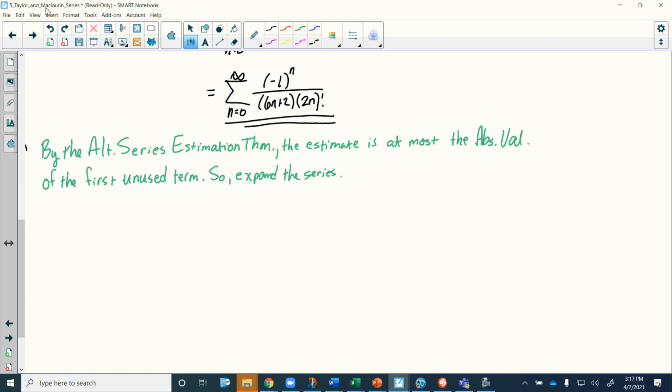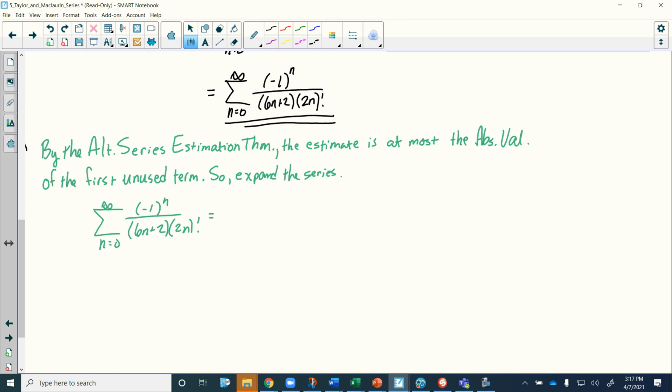So I'm going to take the expression that we have, n equals 0 to infinity, of negative 1 to the n power over 6n plus 2 times 2n factorial, and we're going to start expanding it.